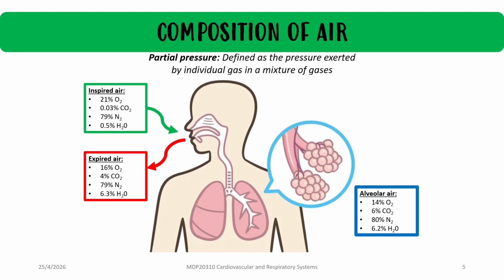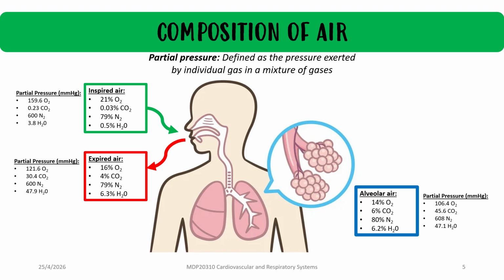Now, looking at the composition of air, the atmospheric air here contains about 21% oxygen in the green box and has very little carbon dioxide, about 0.03%. But once this air reaches the alveoli, the composition changes, where the oxygen drops slightly with a higher percentage of carbon dioxide, which you can see in the blue box.